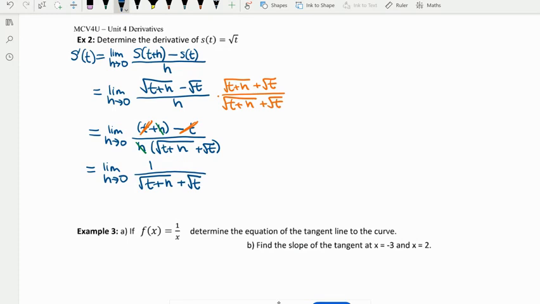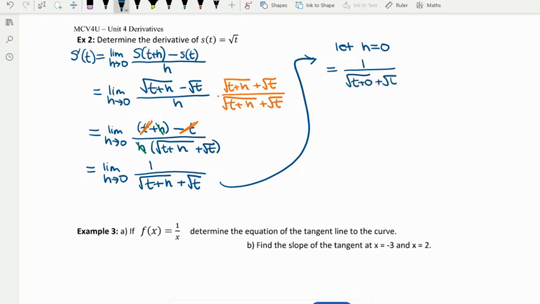If I let h equal 0 now, I get 1 over square root of t plus 0 plus square root of t, which is 1 over square root of t plus square root of t, so this is 1 over 2 square root of t.